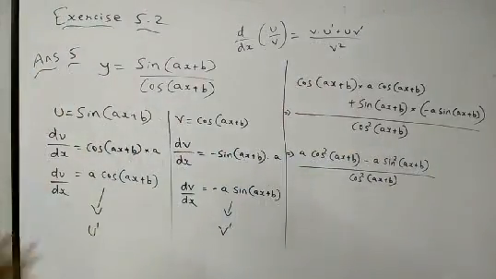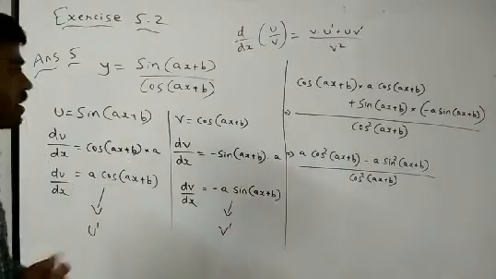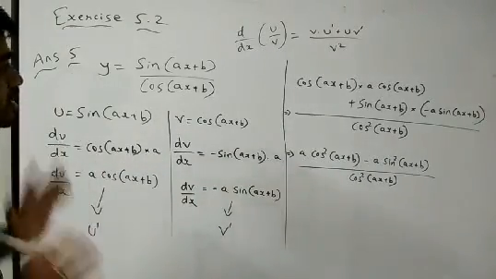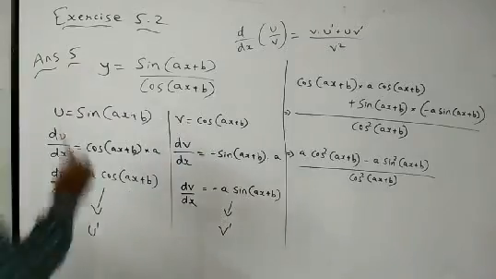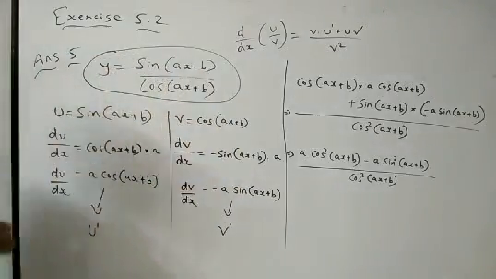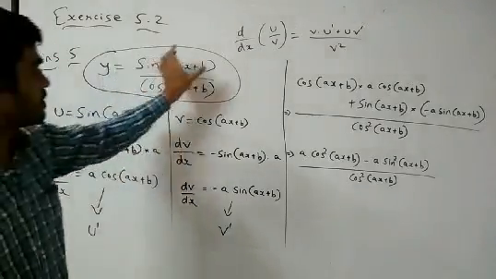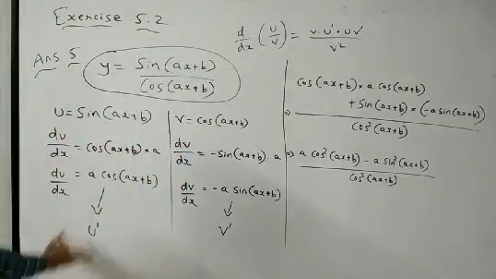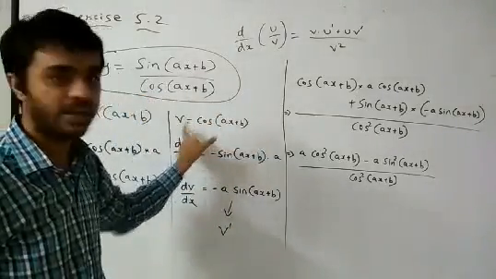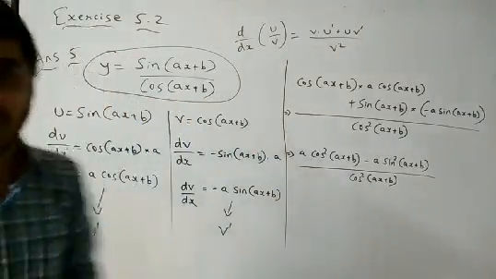So whatever the main part about the differentiation we have done, I will explain you one more time. See it very carefully and also listen very carefully. See, this is a function which is given in the question, right? So what we have done is sin x plus b we have assumed as u and we find out this derivative. Cos x plus b we have assumed as v and we have found this derivative. Now why we have done that?